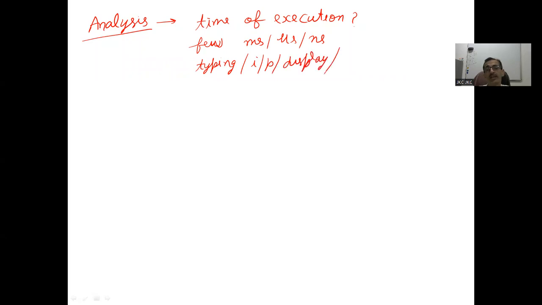And not only that, at that time your OS could be busy with some other work, and that extra time will also get added. It's like in between, the OS becomes busy with some printing activity and sends some data to the printer. During that, it will not respond, or you are copying data to a secondary disk, it gets busy there. So actual execution time is not a good solution.